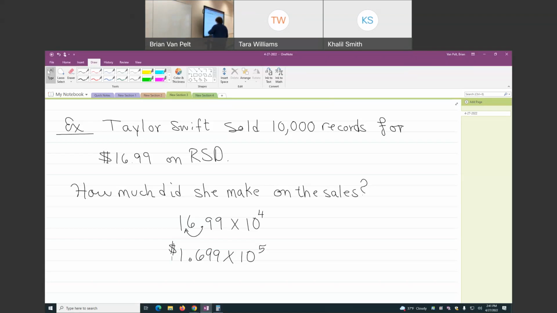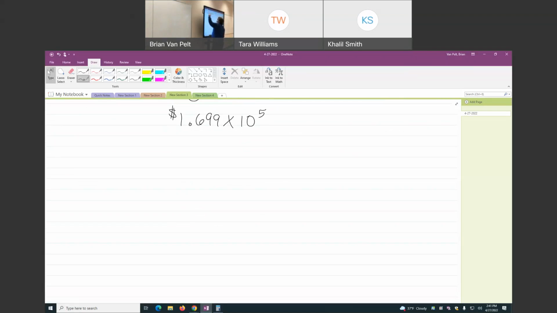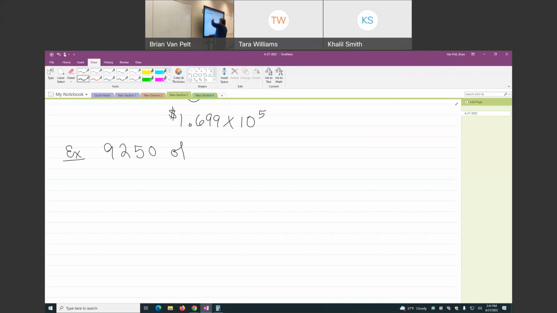So now here's what happens: $9,250 records sell for an average of $175 each.